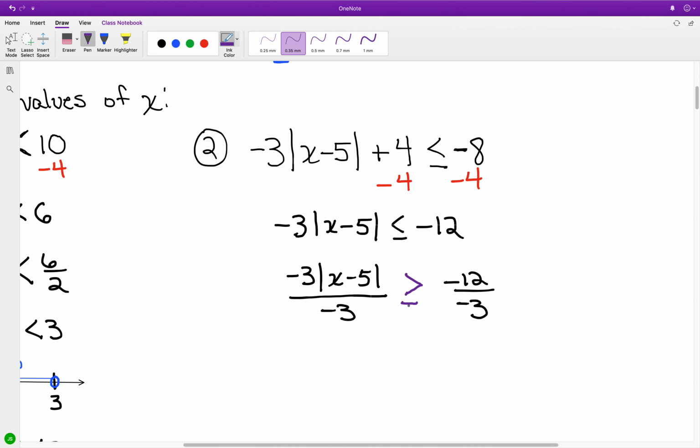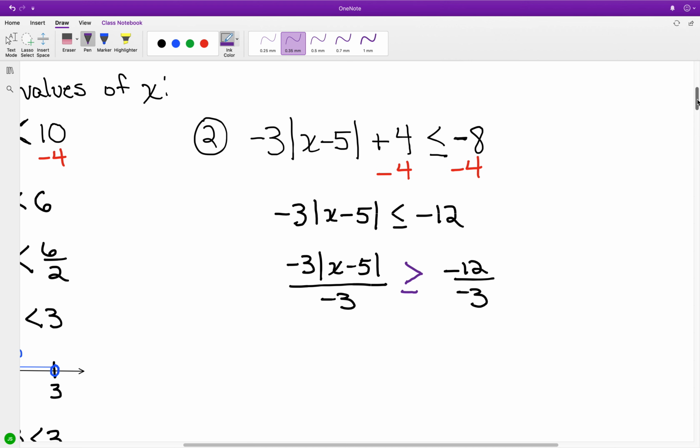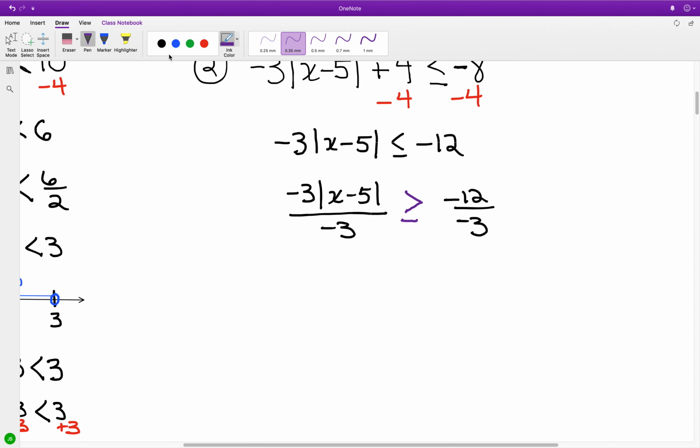And so upon division by negative 3, the inequality goes from less than or equal to, to greater than or equal to. And in the rewrite, we will have the absolute value of x minus 5 is greater than or equal to 4.